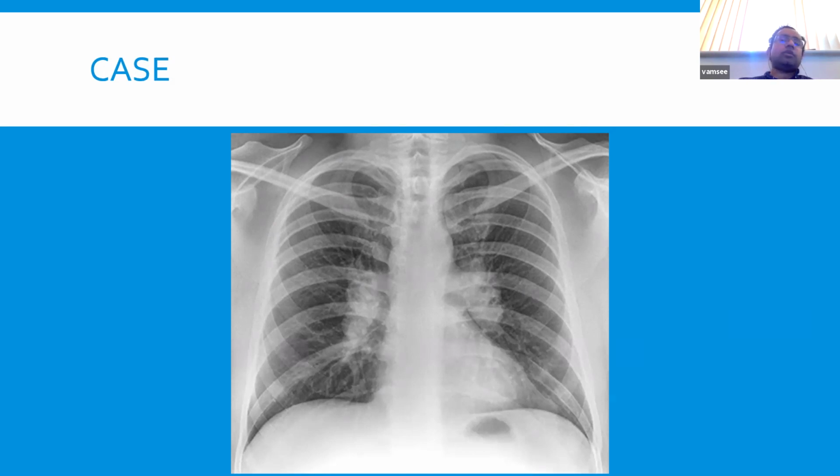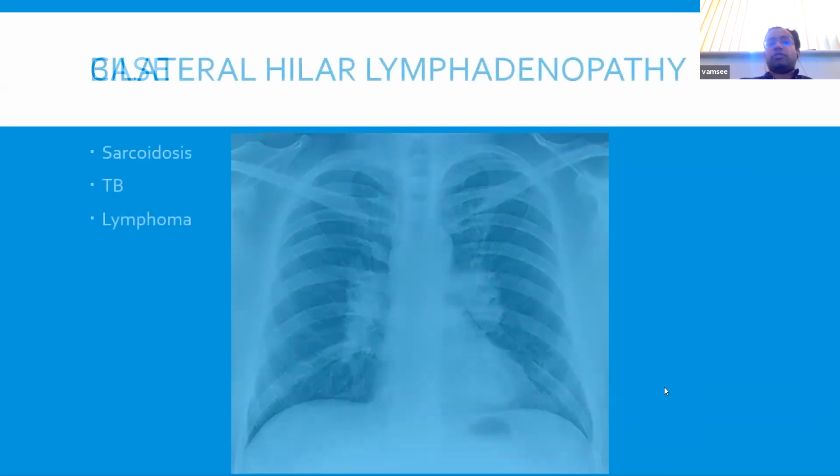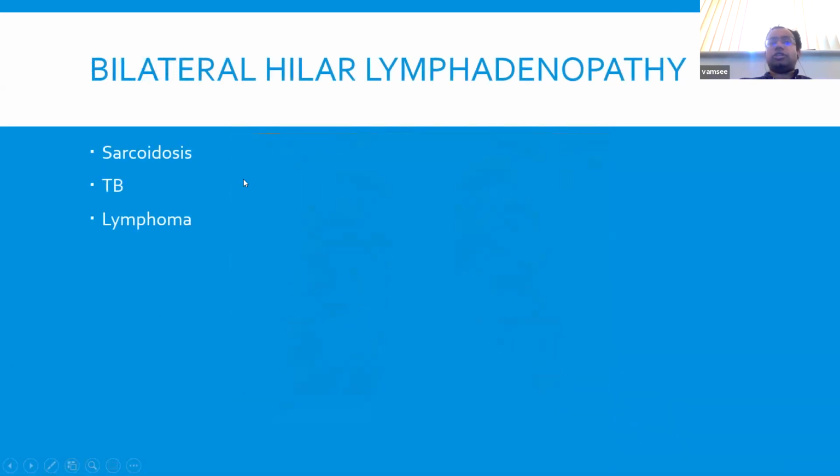I don't know if in your exams you get asked to mention differentials or not, and it would vary based on what they tell you. But some of the differentials you can mention is sarcoidosis, which typically causes bilateral lymphadenopathy, it's right on top of your list.